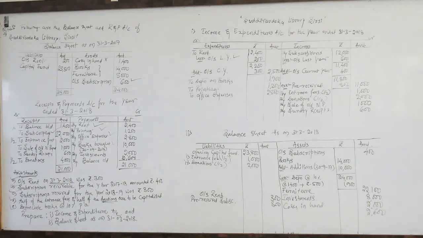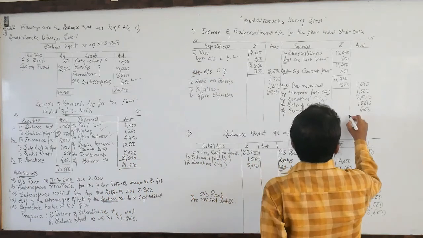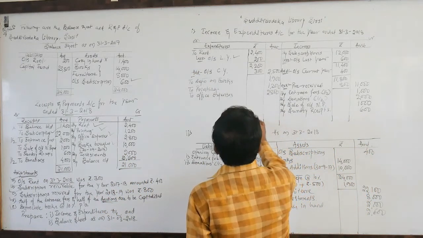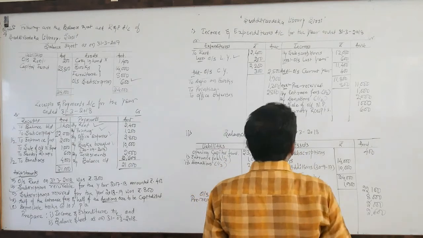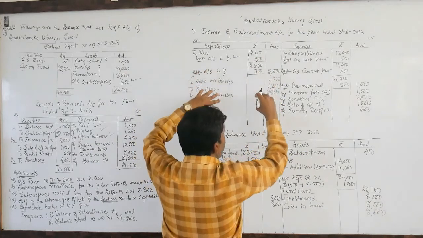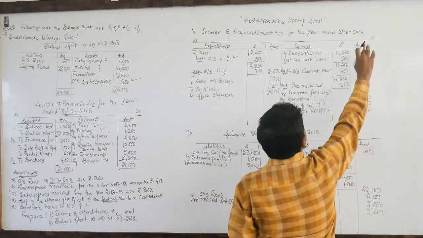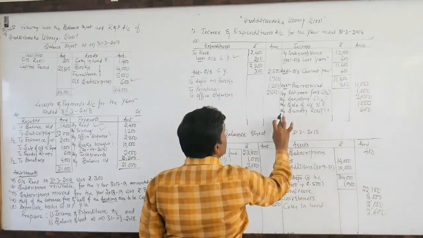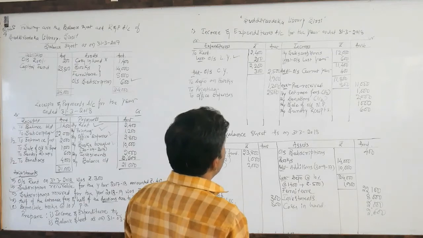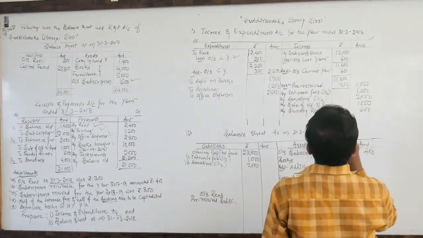So we just need to close the income and expenditure account first. Dear students, you need to observe which side is more, whether the debit side or the credit side. If the debit side is more, from the total of the debit side we deduct the total of the credit side, and we get the deficit. By observing this income and expenditure account, the total of the credit side is more.